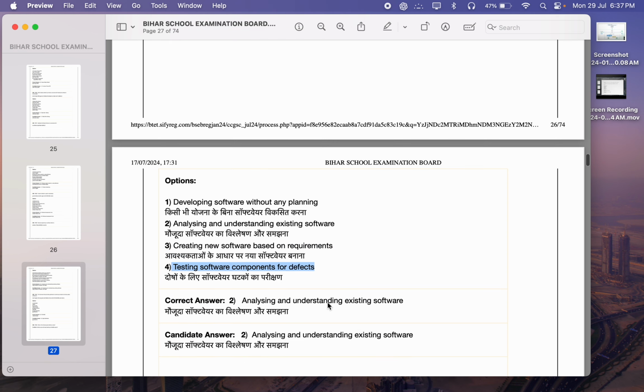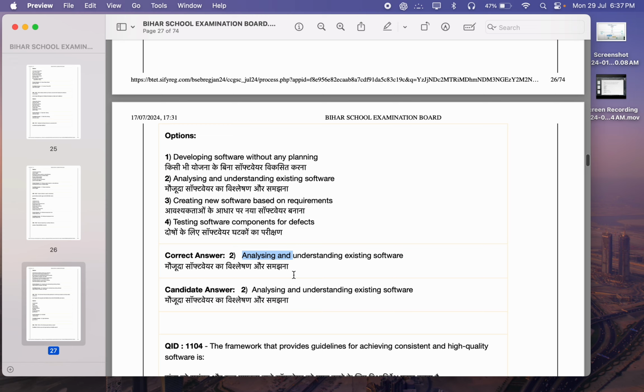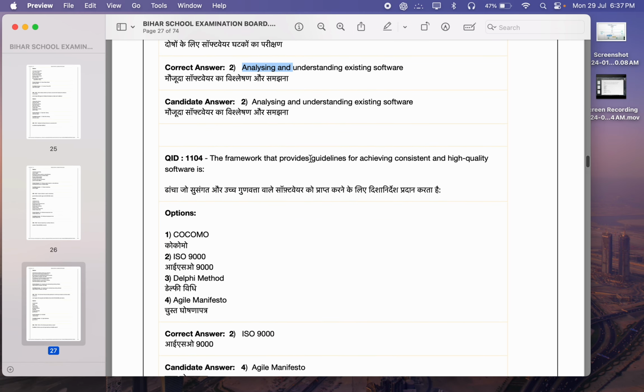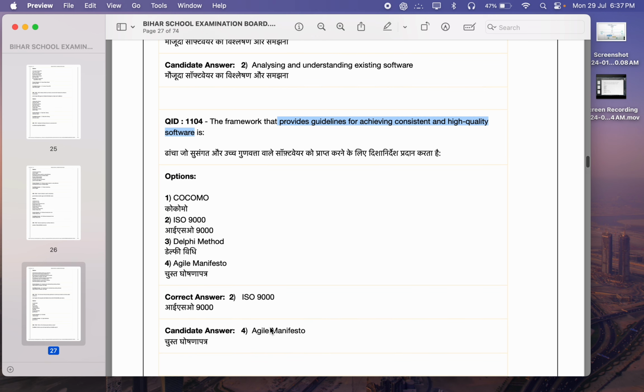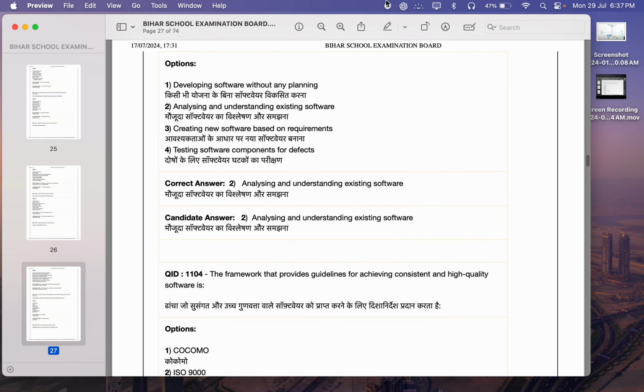Testing software components for defects? I mean, we are trying to understand the code of the software, not trying to find defects, right? Next, the framework that provides guidelines for achieving consistent and high quality software is. Okay, I didn't know the answer for this. Okay, now we will stop and looking forward for you to watch my part 3.